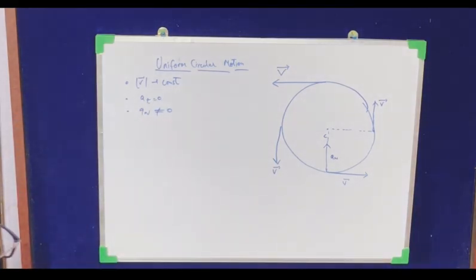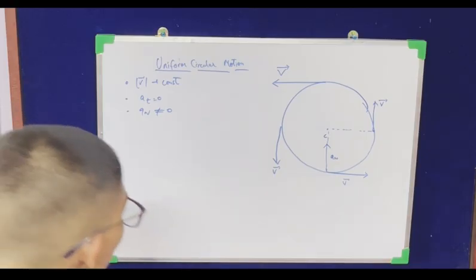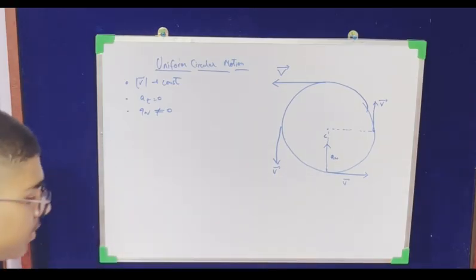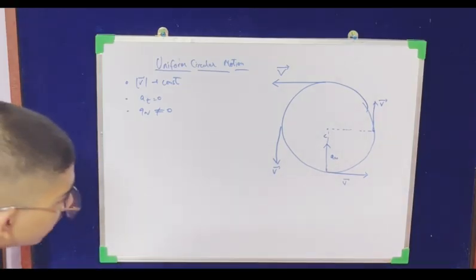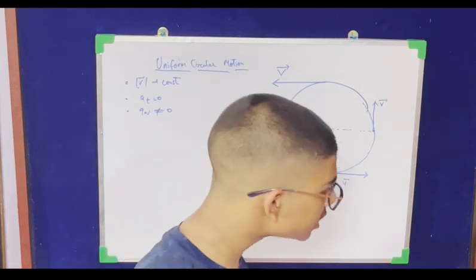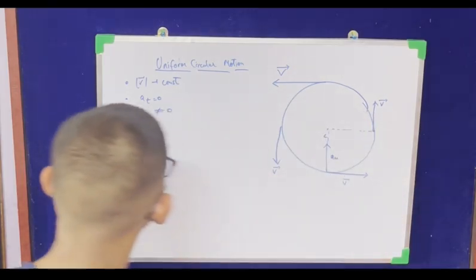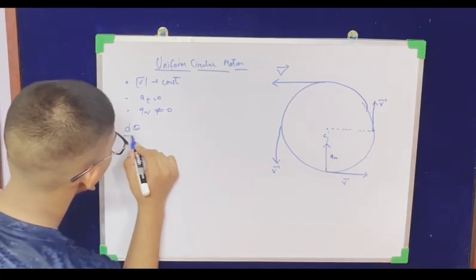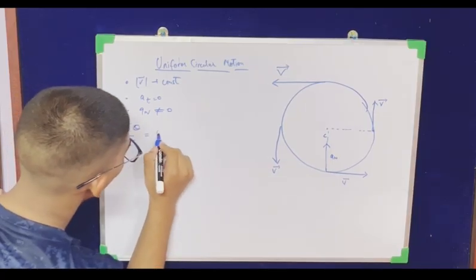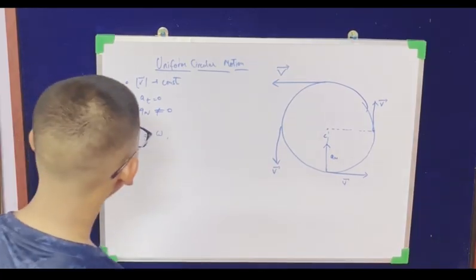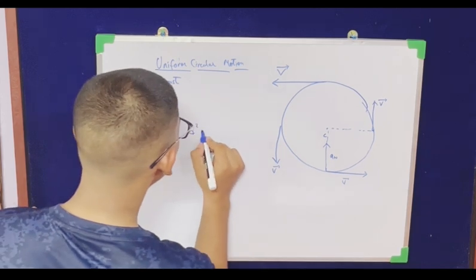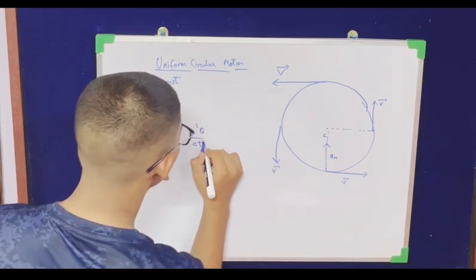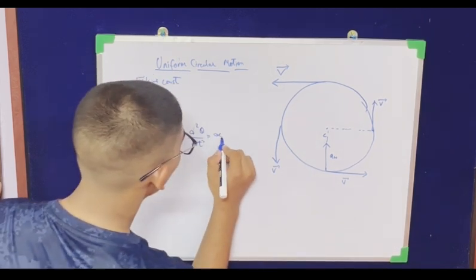Now let us describe how we can relate the angular displacement to angular velocity and angular acceleration. First, if we differentiate, we'll get omega. If we take the second order derivative of this, we'll get alpha.